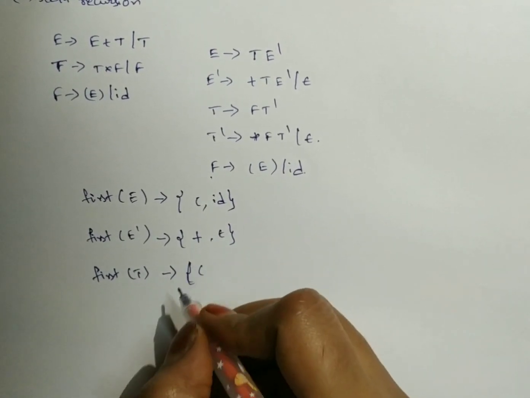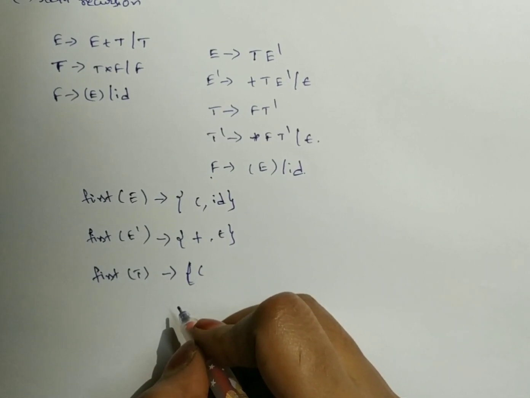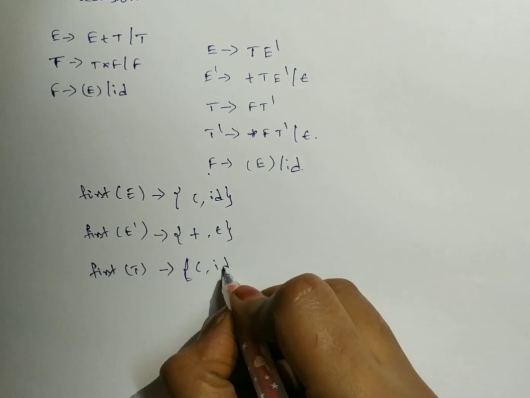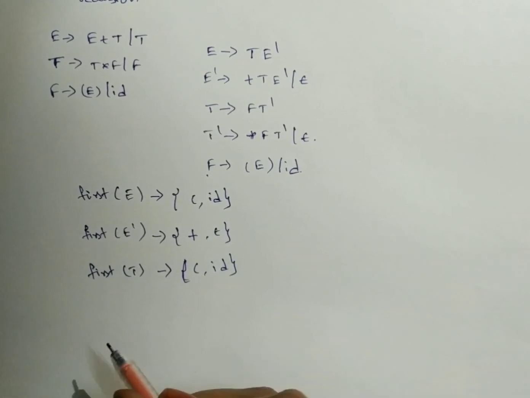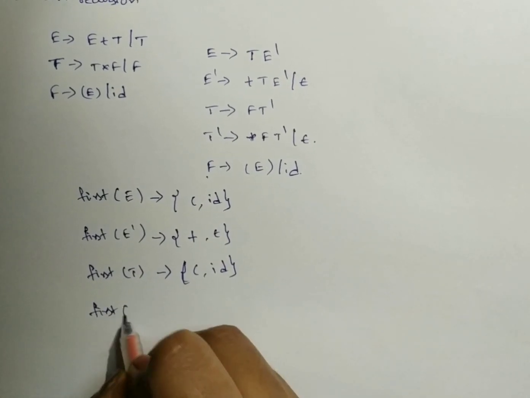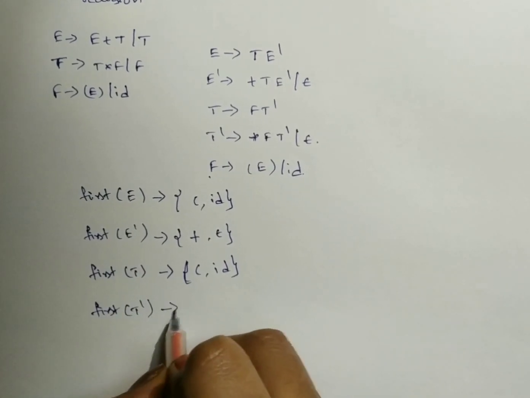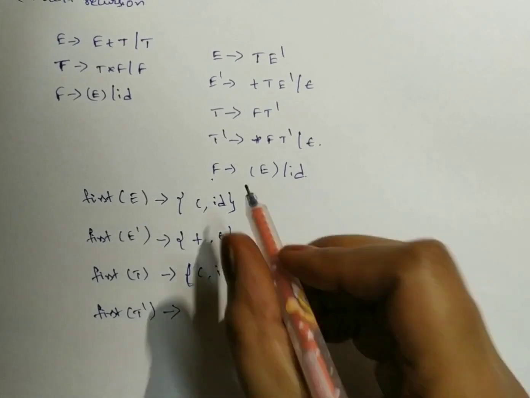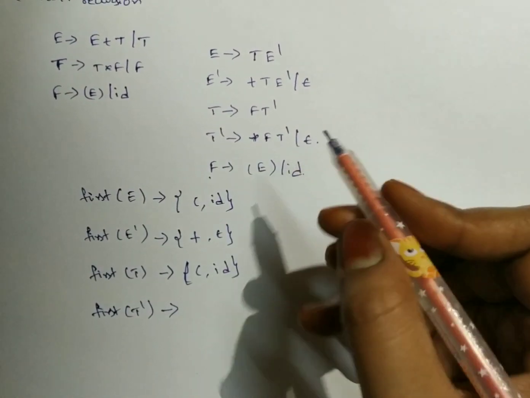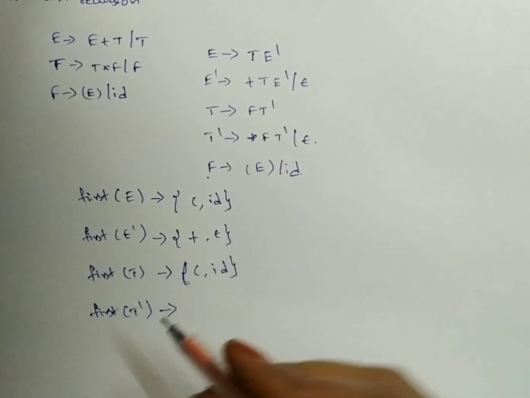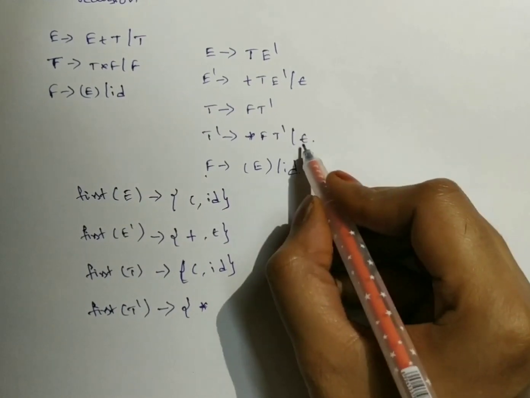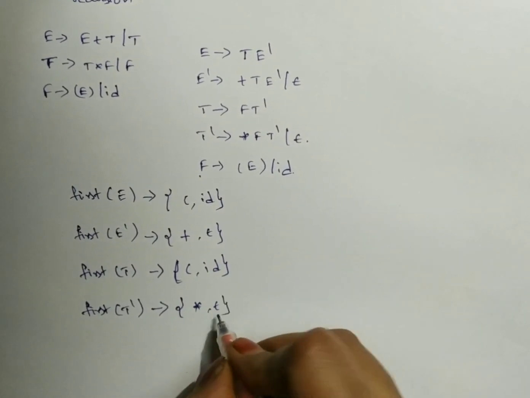As it is a terminal value, I am considering it as first of T, and here we are also having ID, so I am considering those two. Now first of T dash, it derives star FT dash. As star is considered as a terminal value, I am taking it directly, and here we are also having epsilon, that also I am taking.